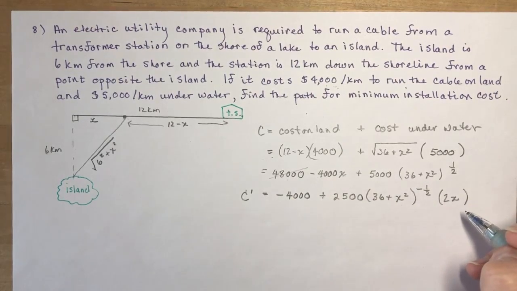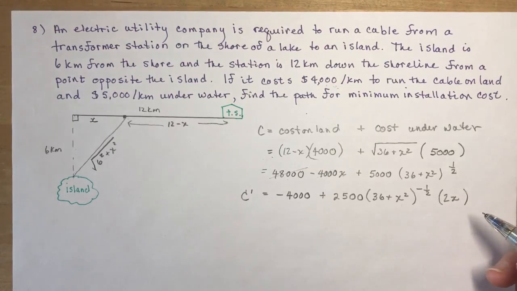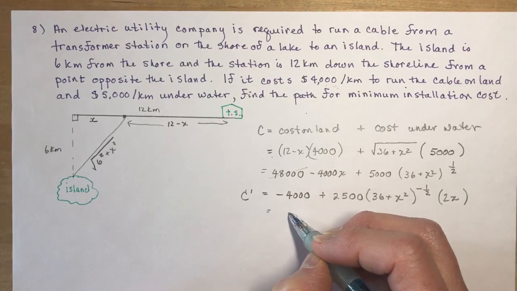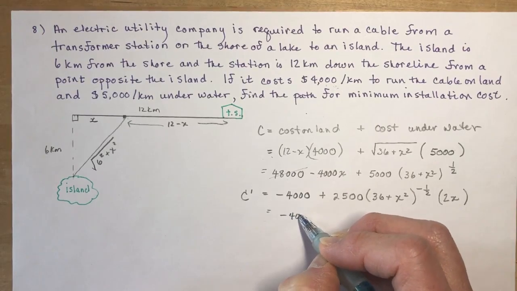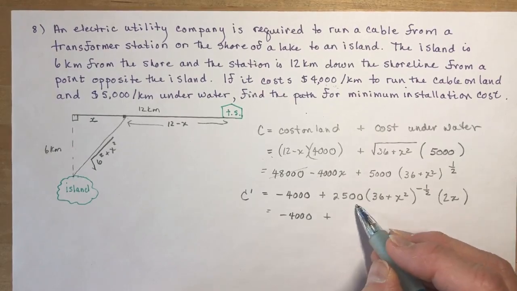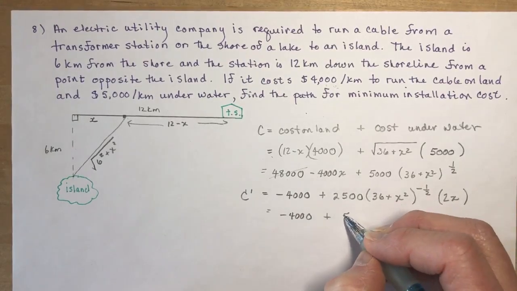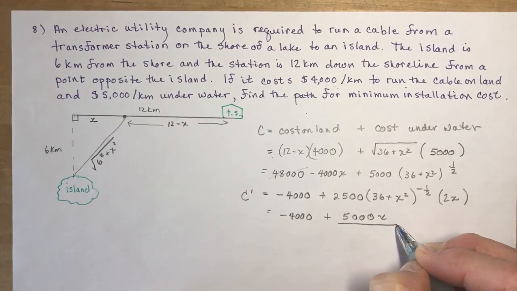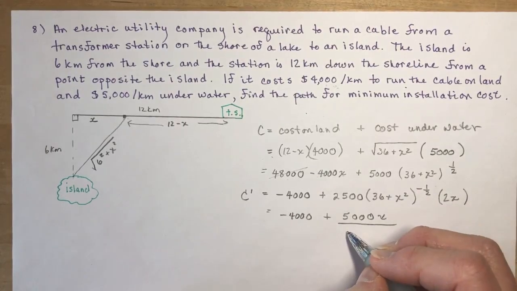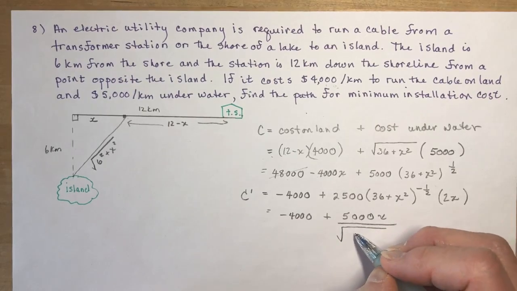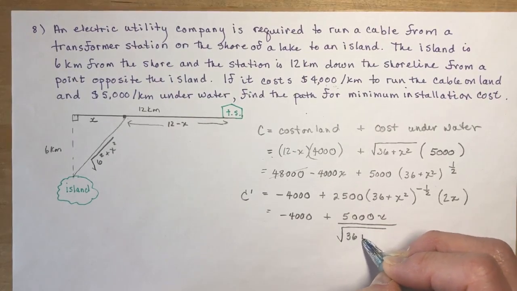Okay, so now I have to simplify this. So I have minus 4,000, and this is going to be 5,000x, and this is in the denominator because it's a negative exponent, and I'm going to put it back in the radical form now that I've taken the derivative.